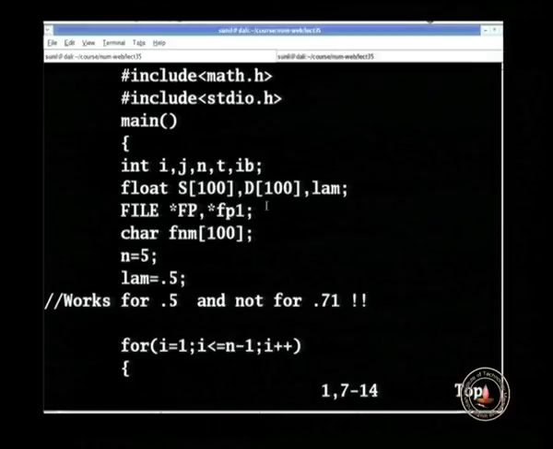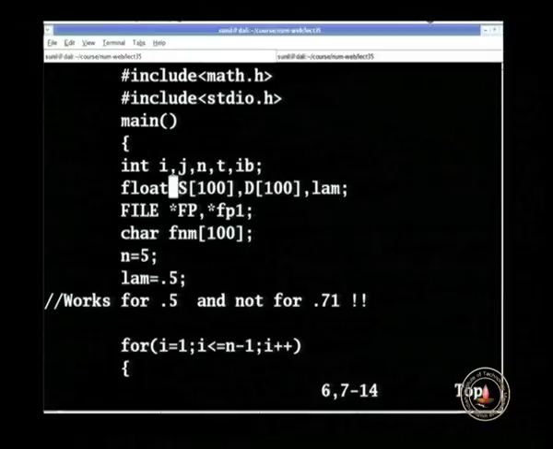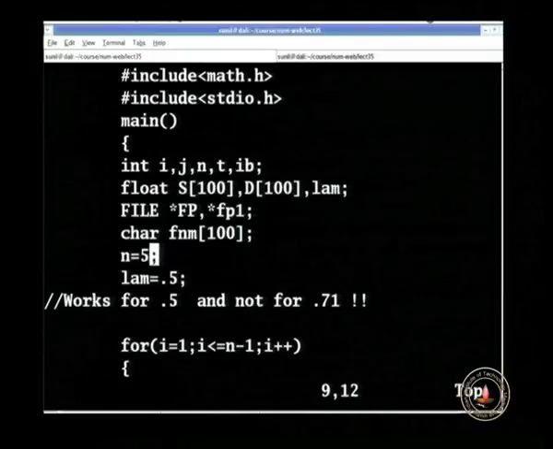So we look at this program which uses the explicit method for solving the heat equation.